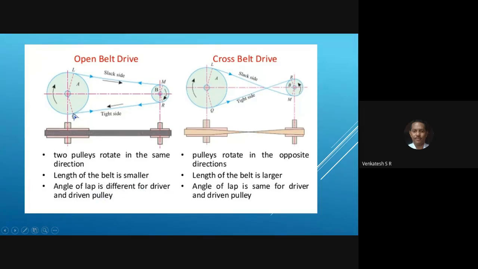See, from Q to L, this is the contact angle on the larger side, and M to R on the smaller side of the driven pulley. That is, angle of contact or angle of lap is different for driver and driven pulley.